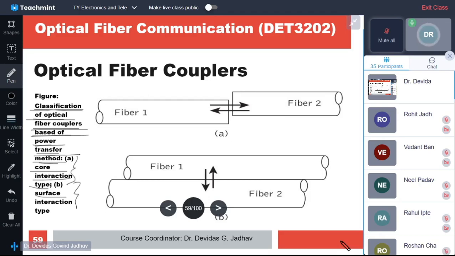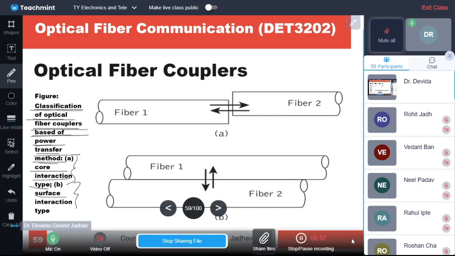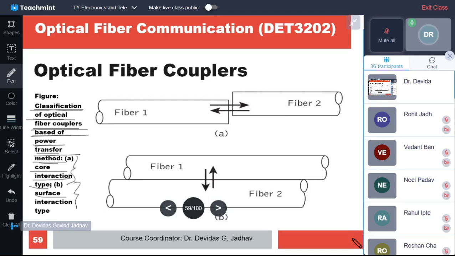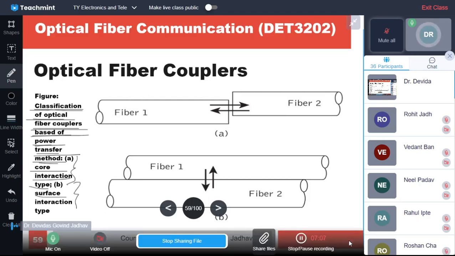Okay, so the timetable will be declared this week or next week, maybe tomorrow too. So please be ready for all the subjects. For optical fiber communication, prepare the journal.